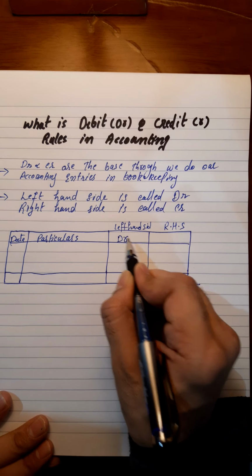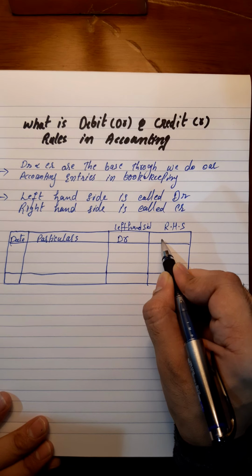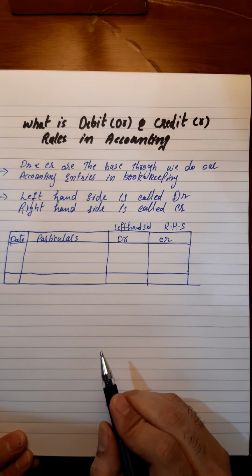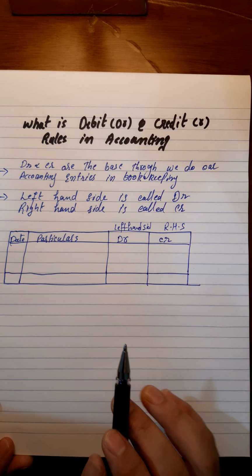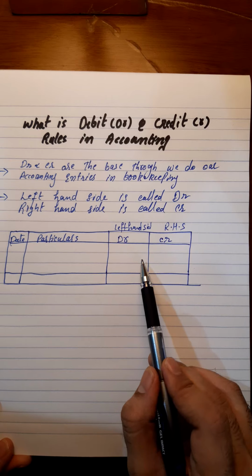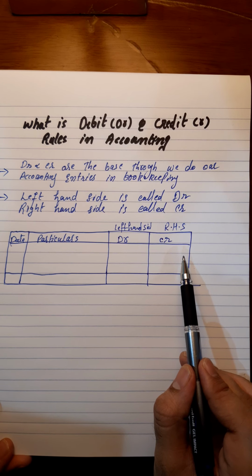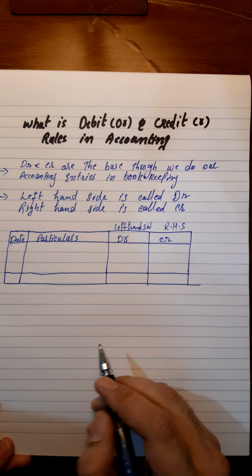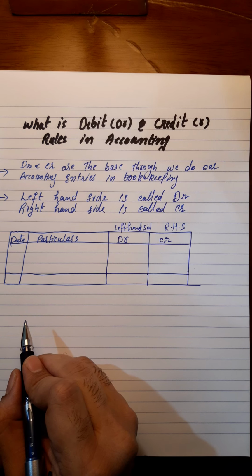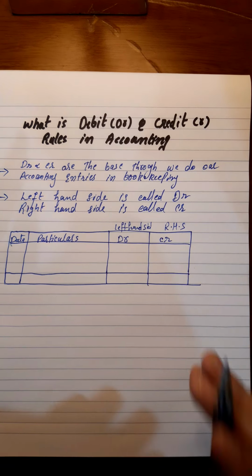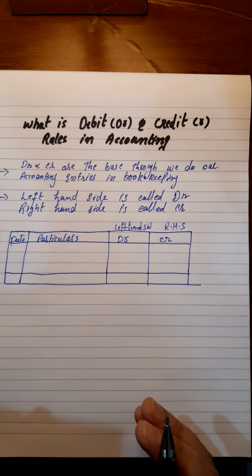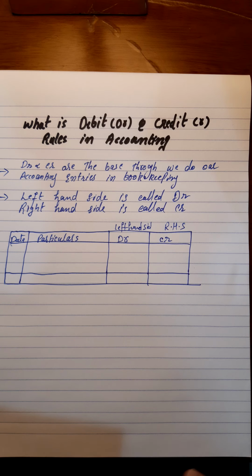Left hand side is called debit, right hand side is called credit. Now you get easily this definition of what is left hand side and what is right hand side. So friends, if someone gets the debit and credit rules, inshallah he can do all accounting easily.